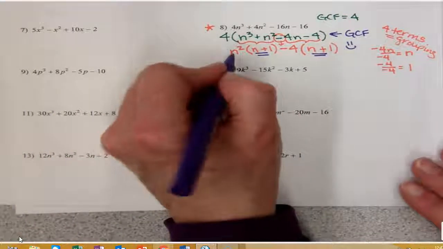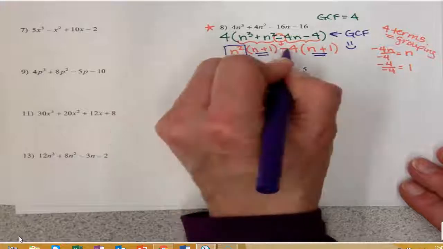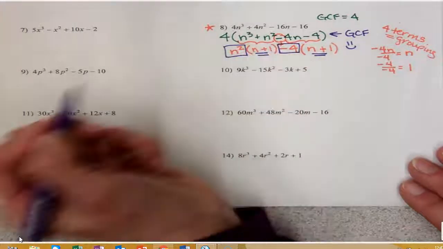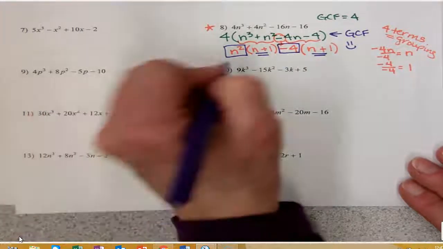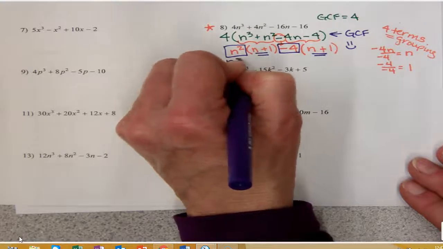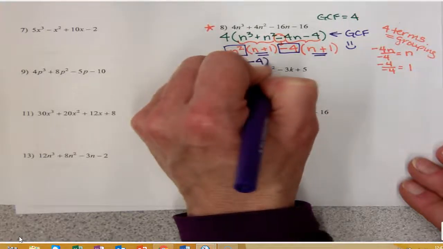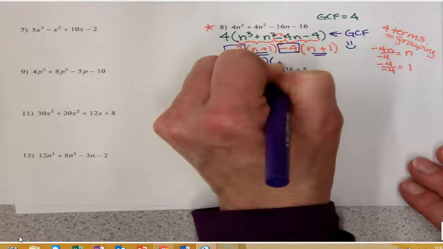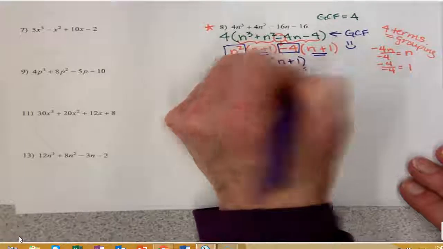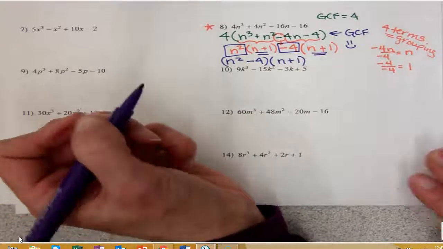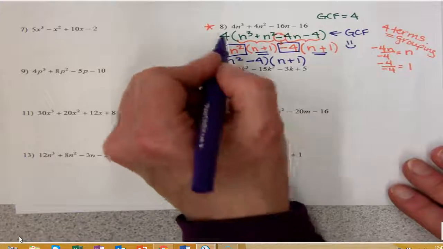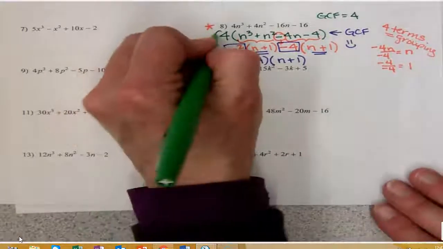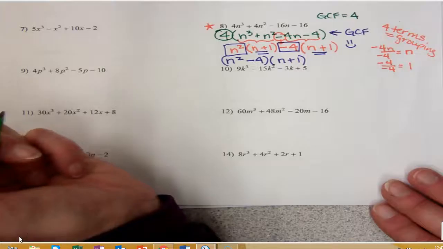So I can then combine my outside terms, n squared minus 4, n plus 1. However, I'm not done because I have this 4, this GCF out there.